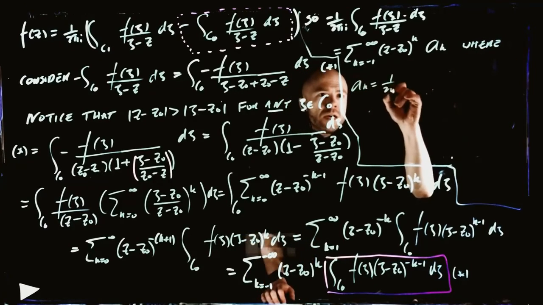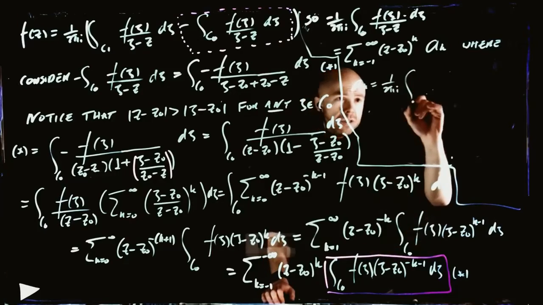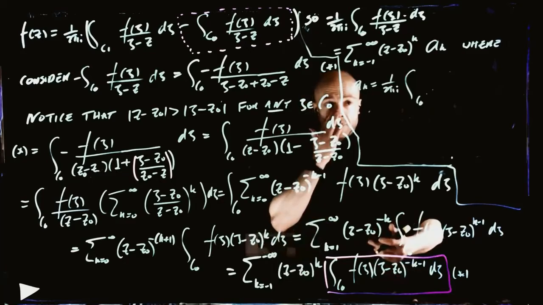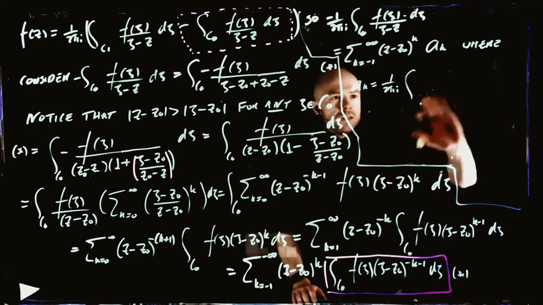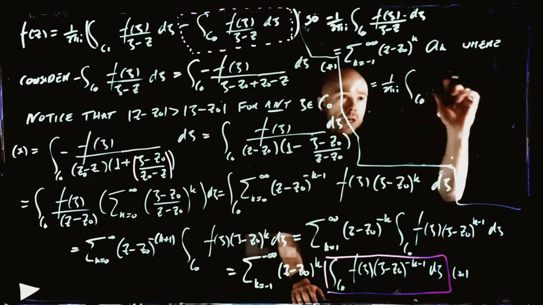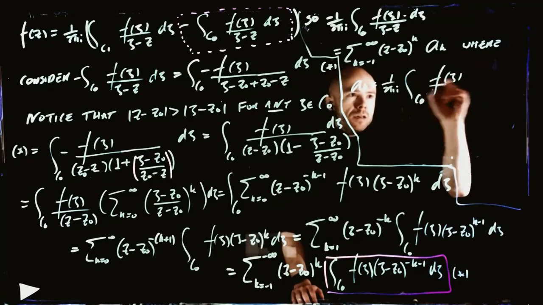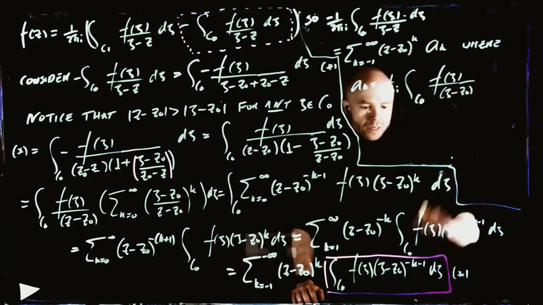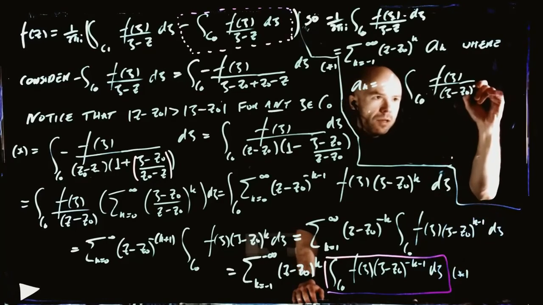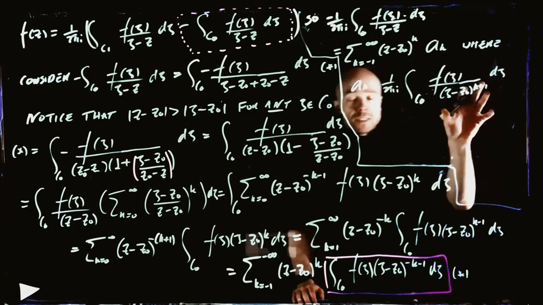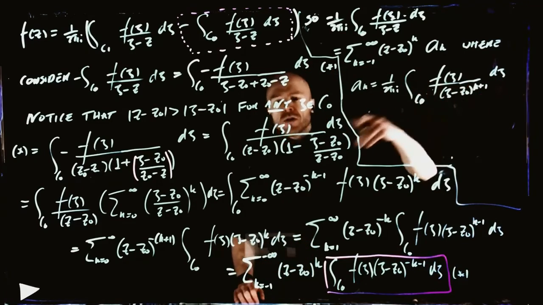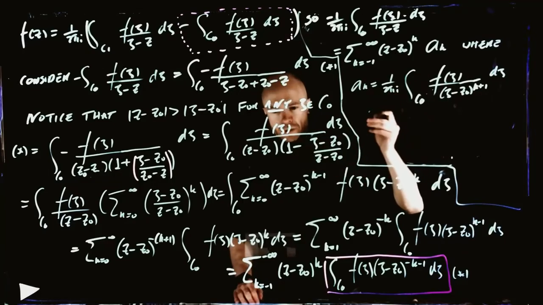It's 1 over 2 pi i, and now we're integrating over this circle C0, but as I'm about to point out, we can integrate over any closed curve inside the annulus. But let's just write it like this for the time being. f of zeta over zeta minus z0 to the k plus 1. And this is exactly the same expression we had for the Taylor series, right? And this is what we claimed was true for any coefficient from minus infinity to infinity.